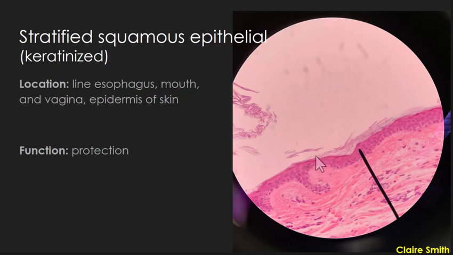So if you get a cut or a scrape, or you eat something that's maybe a little bit too hot, instead of damaging the important tissues down here, you're going to damage just the top layer of the stratified squamous and protect the underlying tissues. So the function of stratified squamous is protection. And again, stratified, if we have a lot of layers, that's what helps protect the tissues underneath.